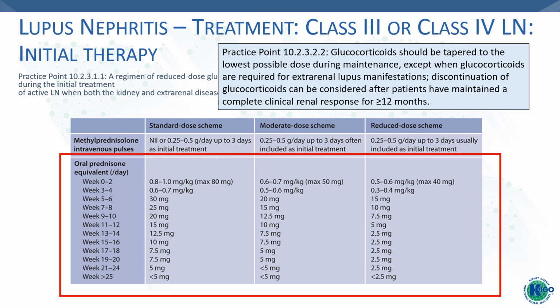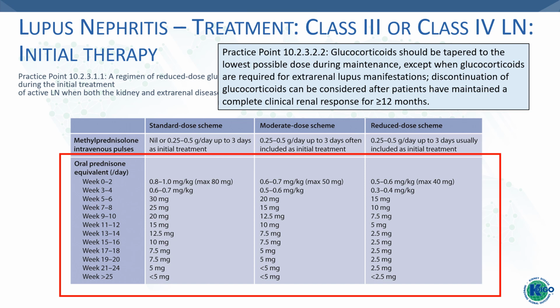As we mentioned, glucocorticoids should be tapered to the lowest possible dose during maintenance, except if a higher dose of glucocorticoids is required for extrarenal lupus manifestations, so you have to maintain a large dose of glucocorticoids.